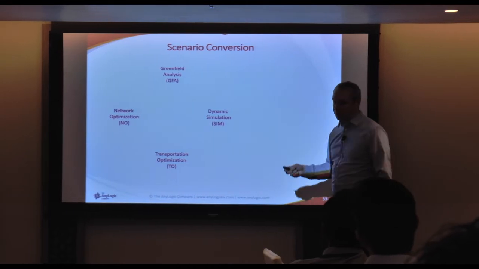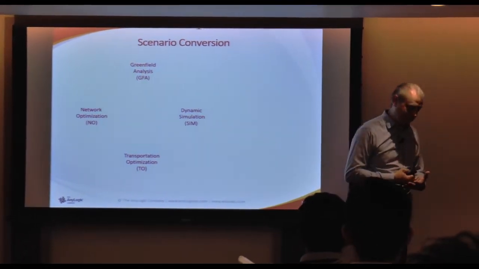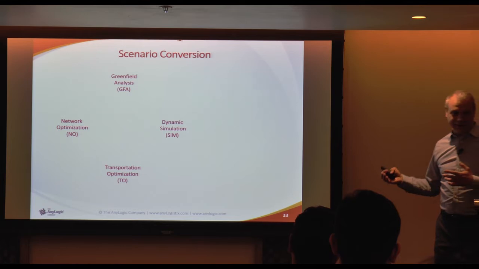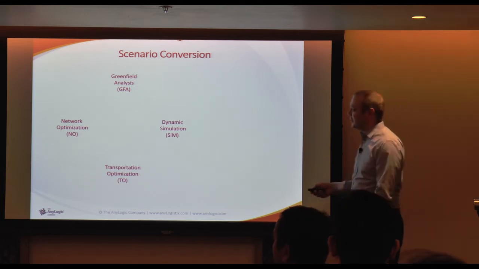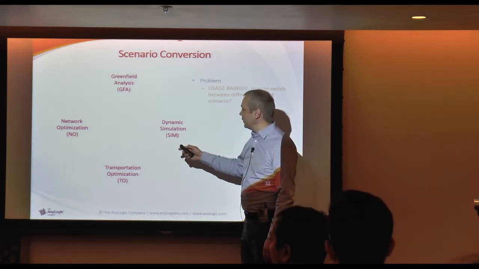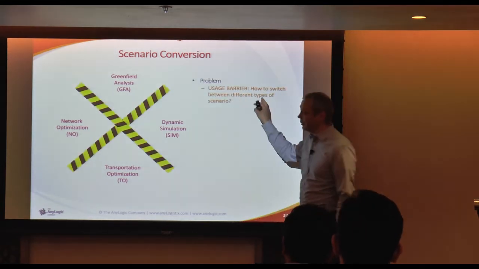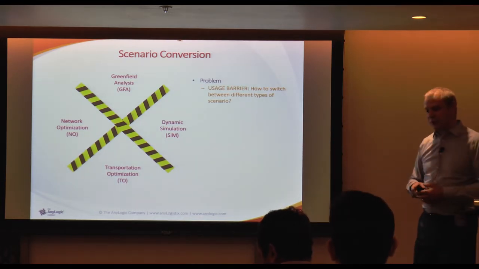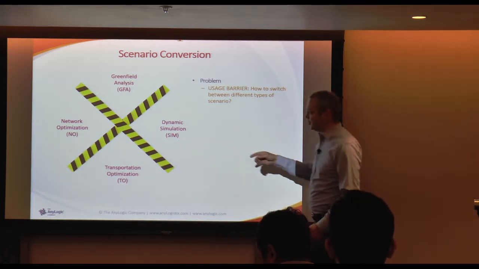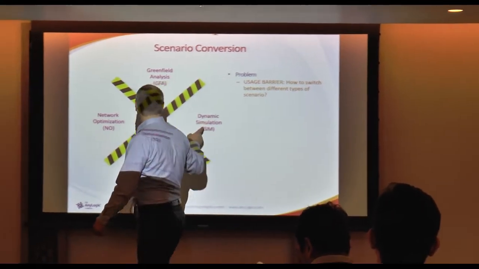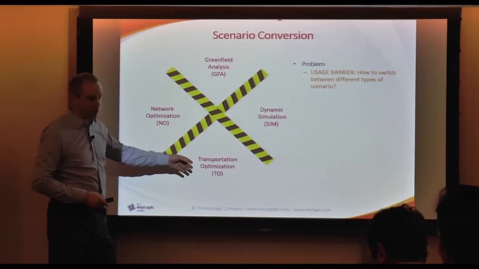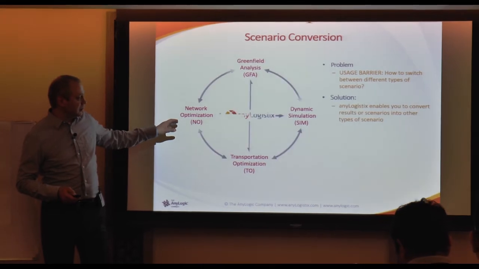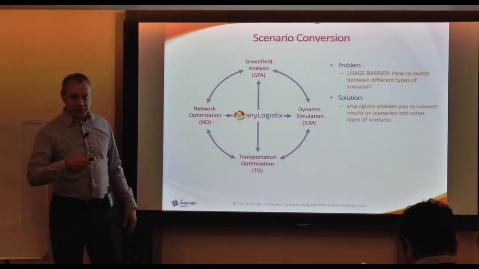One of the problems when you use a product like ALX is that there is a barrier between using different approaches, because you have to create your model from scratch once you switch, let's say, from network optimization to dynamic simulation, or you want to do transport optimization. With ALX, you may remove this barrier because of the conversion feature.